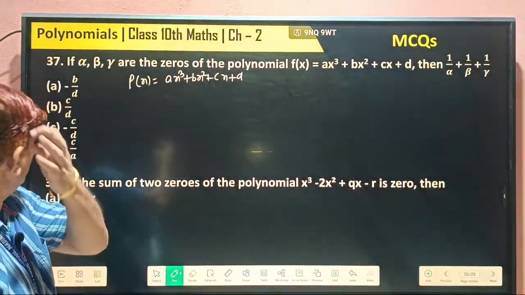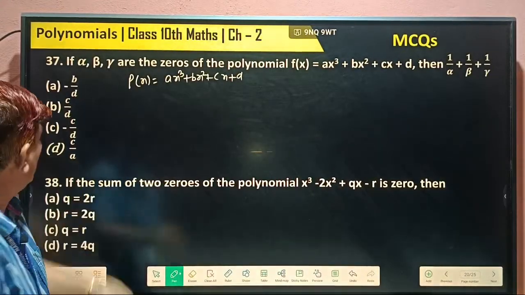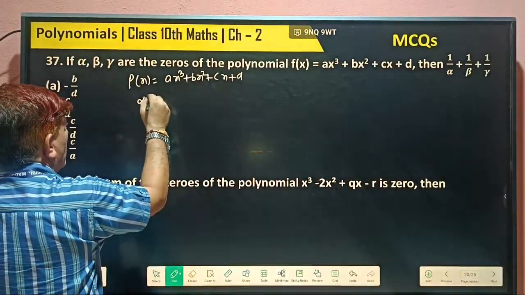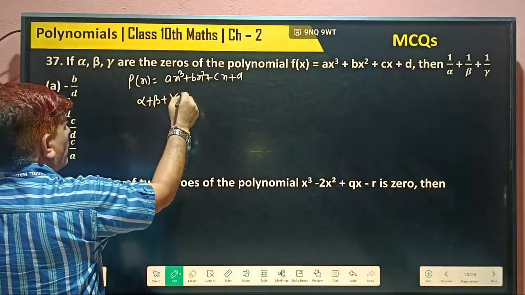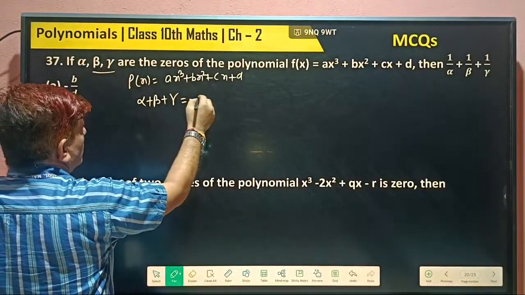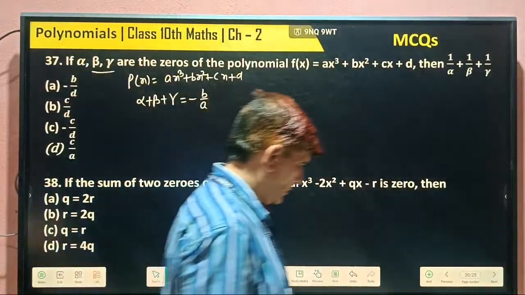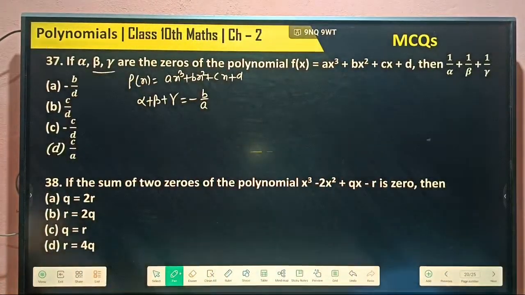Then what do you have to find out? What's alpha plus beta plus gamma? If alpha, beta are its roots, how much? Minus b by a.